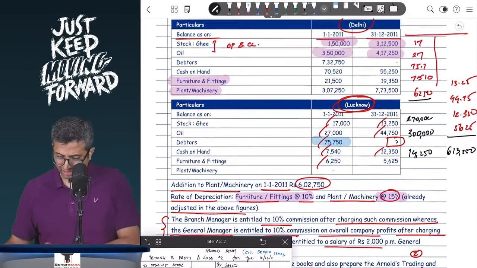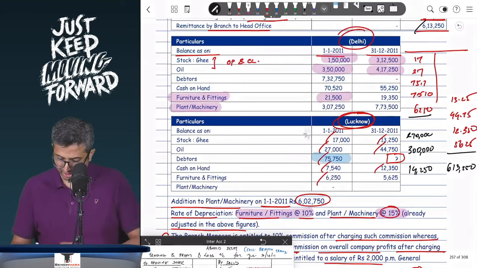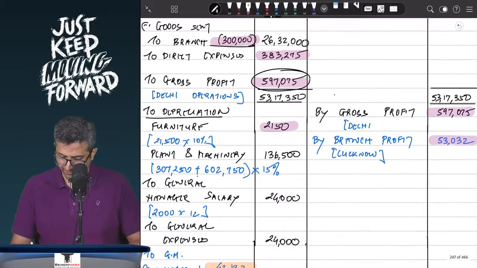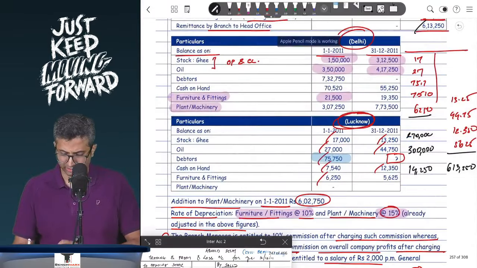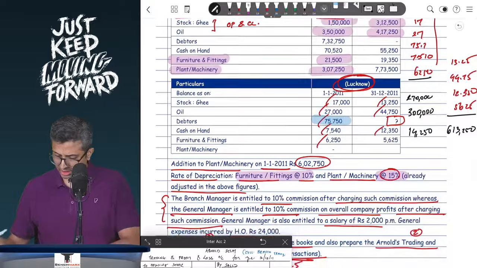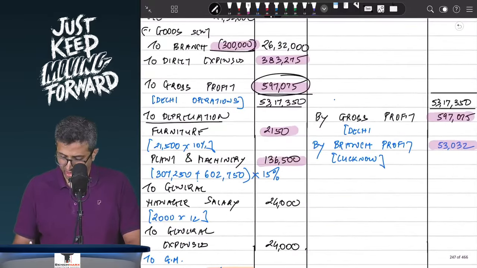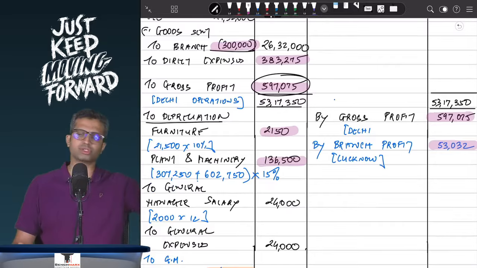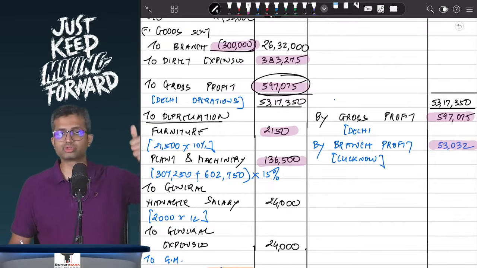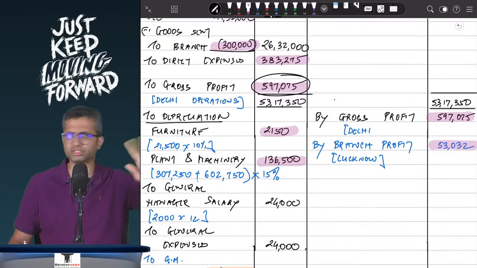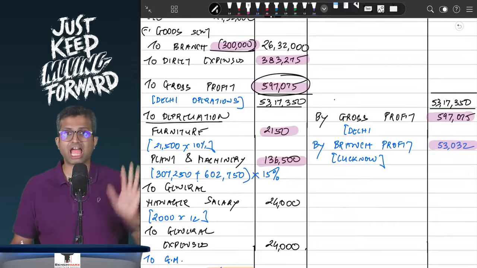So 10% of 21,500, this is 2150, and for plant 307,250, and another 602,750 purchased into 15%, 136,500. Okay, branch manager's commission and everything is taken, but there is general manager salary 2,000 per month into 12, that is 24,000, and head office expenses.